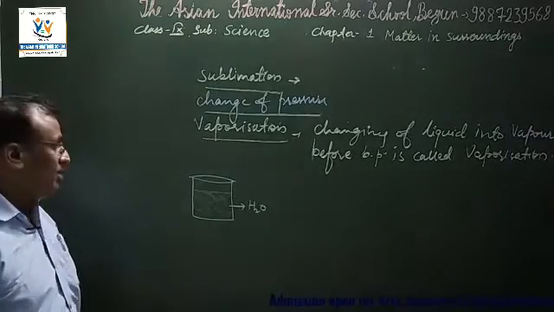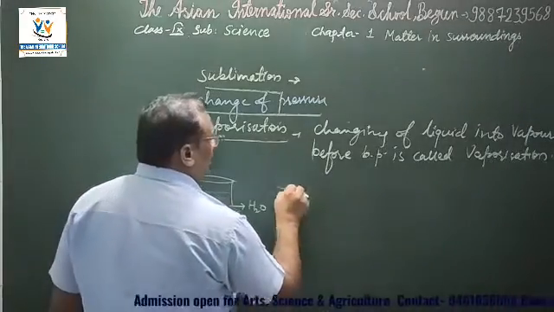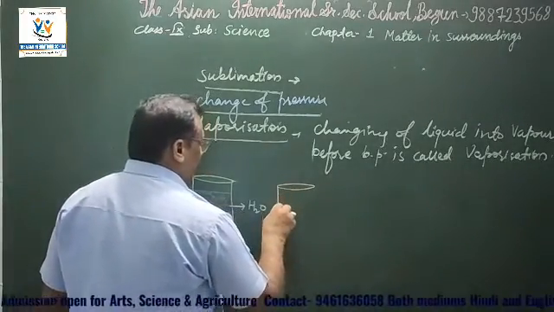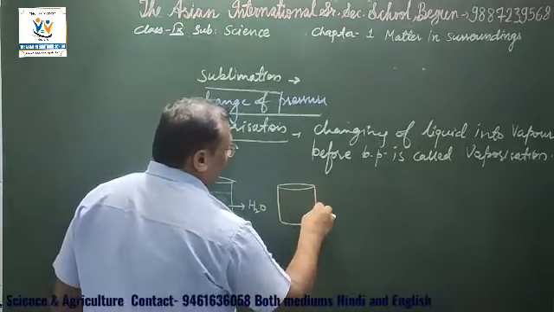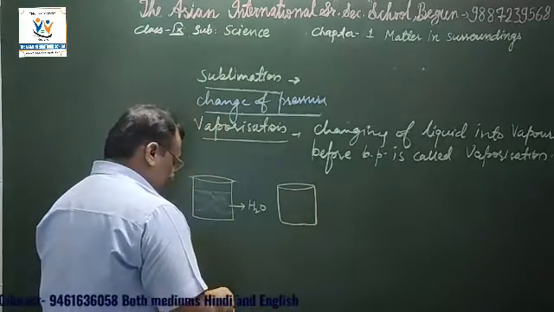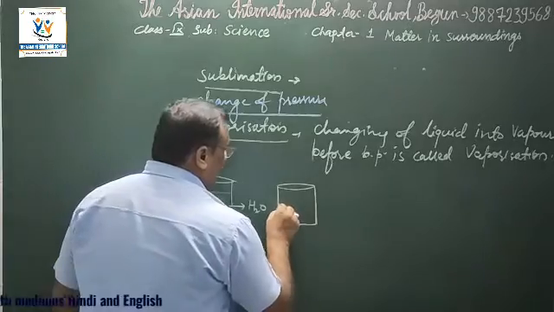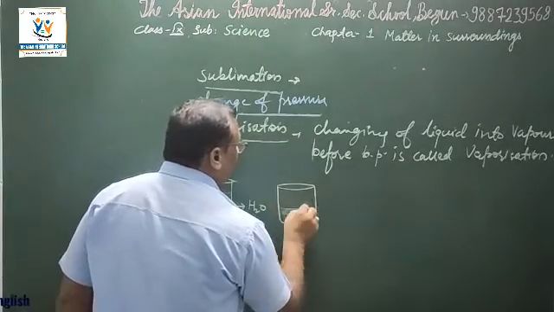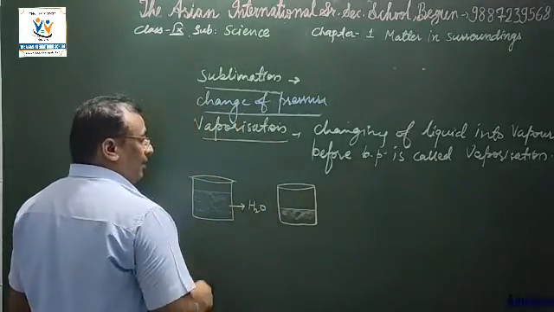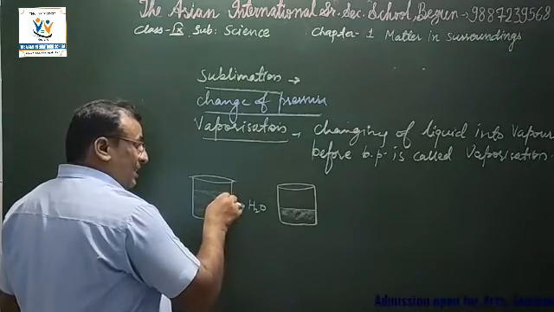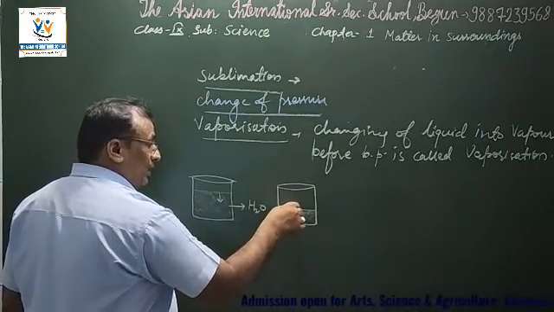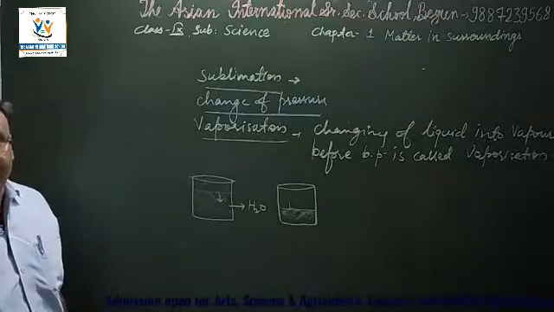After some time you observe that the level changes. The level decreases. Why does it happen?